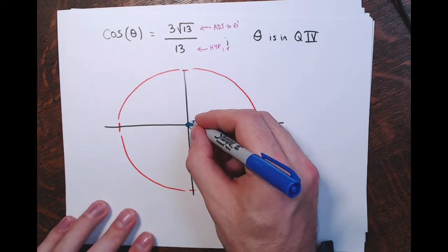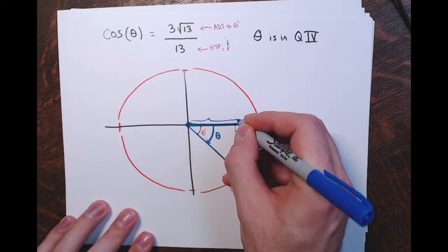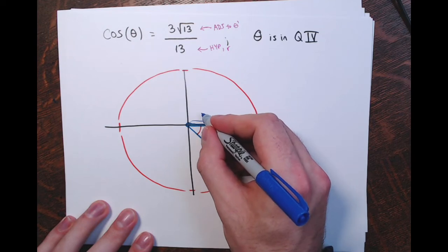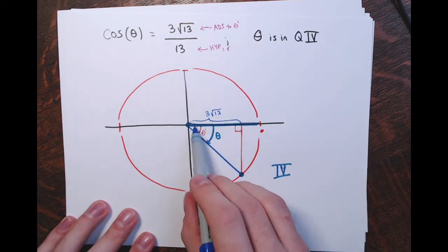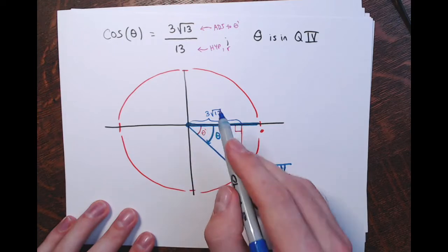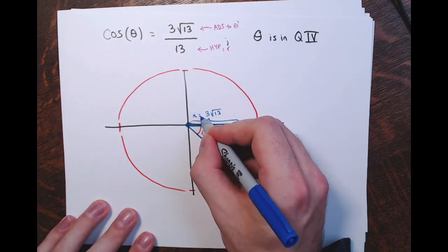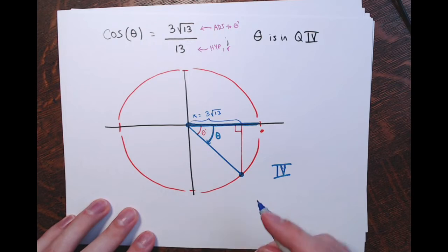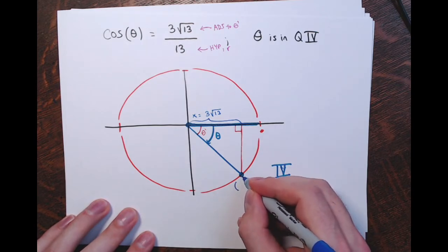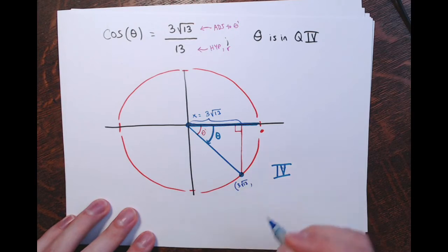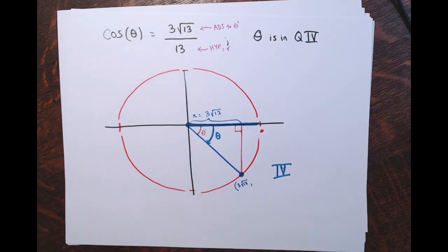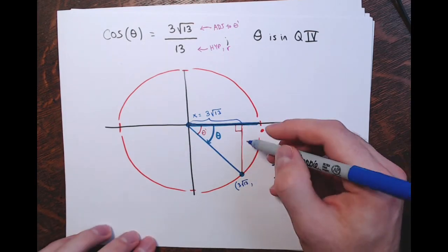So I'm going to set this little right triangle up in my drawing so that here, the adjacent side to the reference angle has a length 3 times the square root of 13. And since that is to the right of the center, that is going to be my x-coordinate. I'm going to leave it positive. So the x-coordinate of this point is 3 times the square root of 13. The opposite side I do not know.